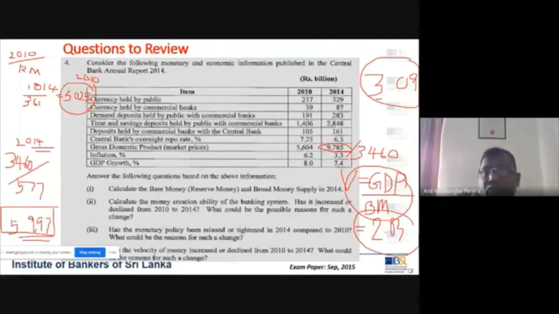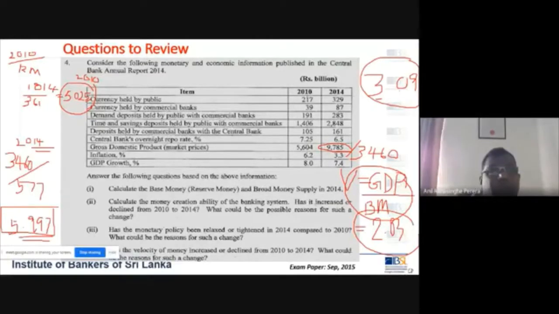That is one possible reason. The other reason could be broad money. Now, broad money we use as the monetary aggregate here to calculate the velocity.